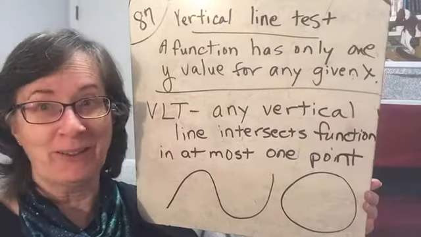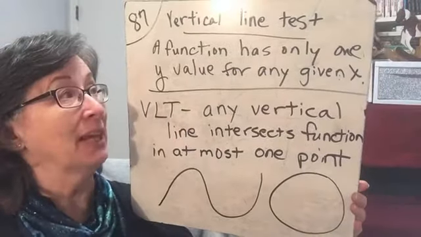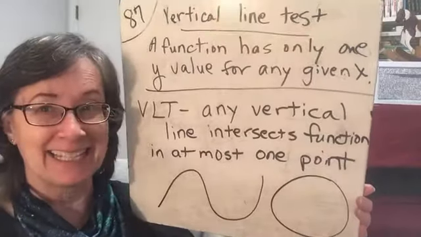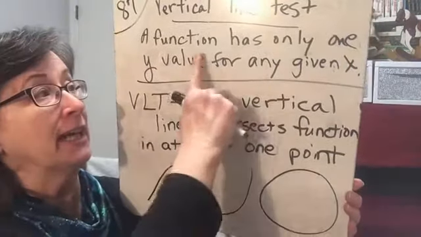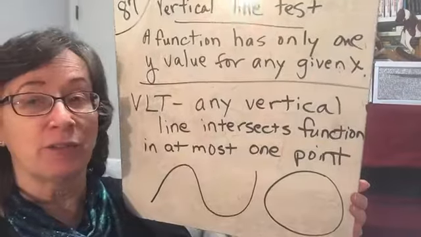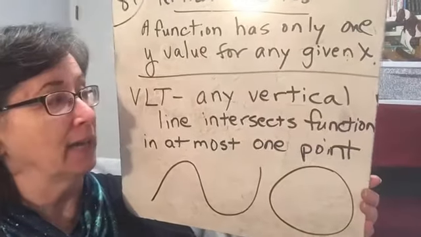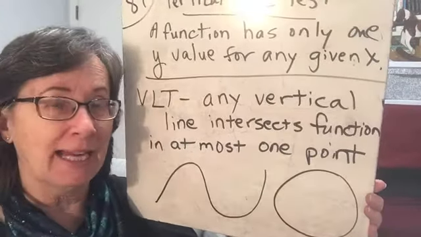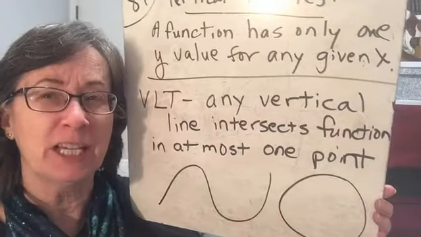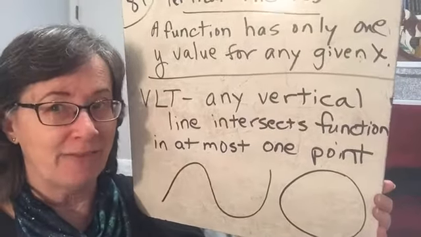Okay, so here we are in the second part of lesson 87. We're talking about the vertical line test. Now remember, a function has only one y value for any given x value. And the vertical line test helps us to visually determine if that is so.